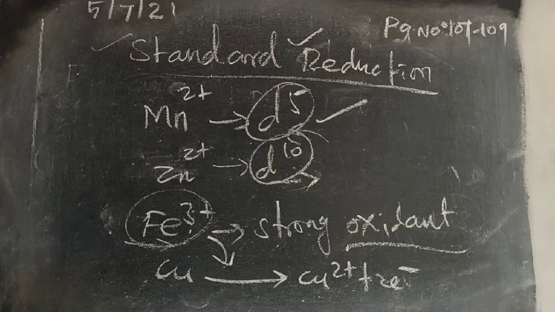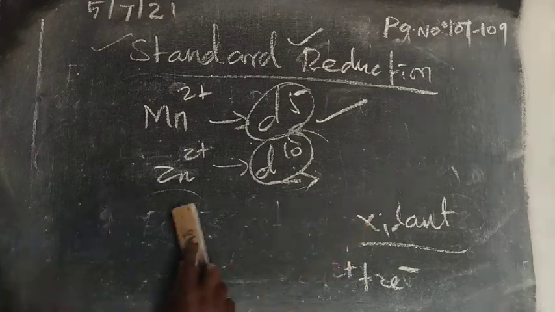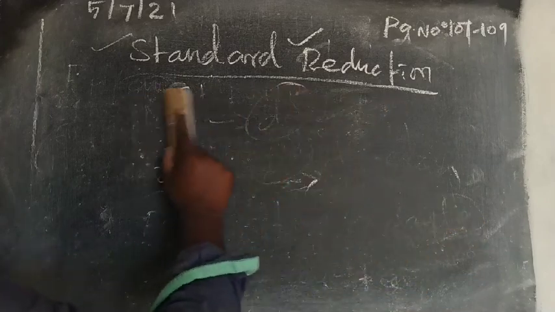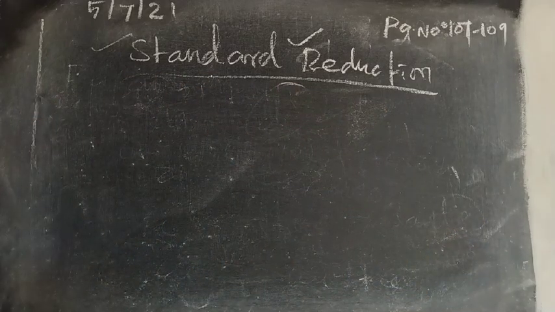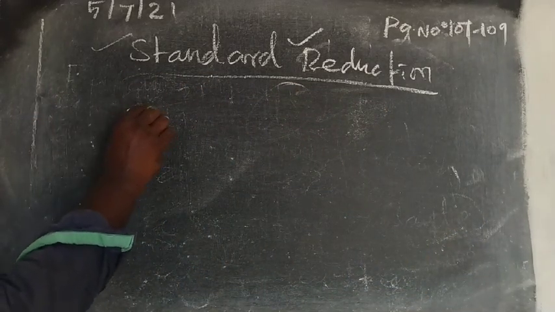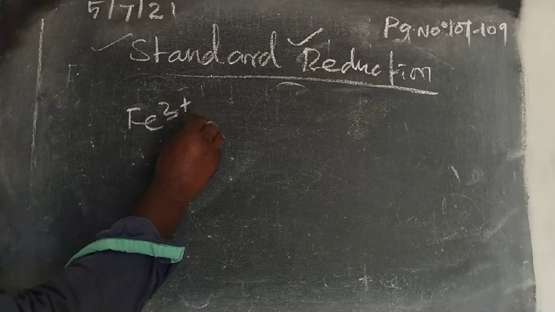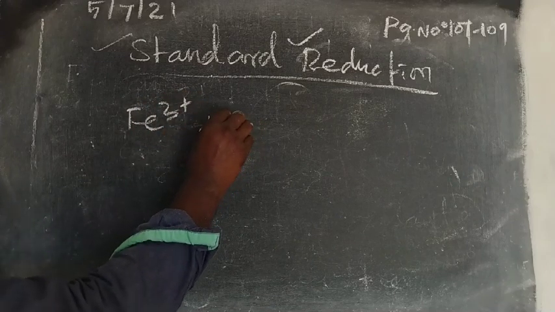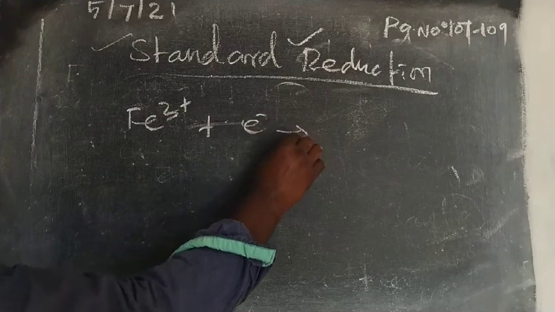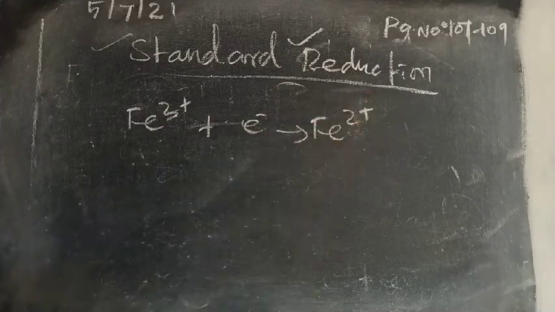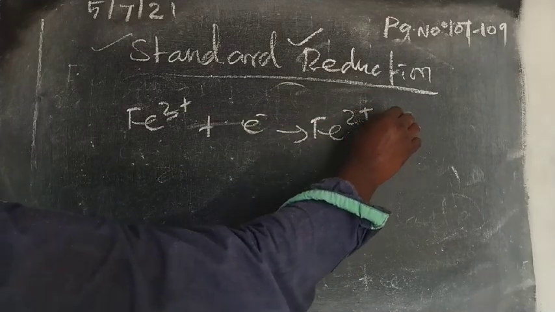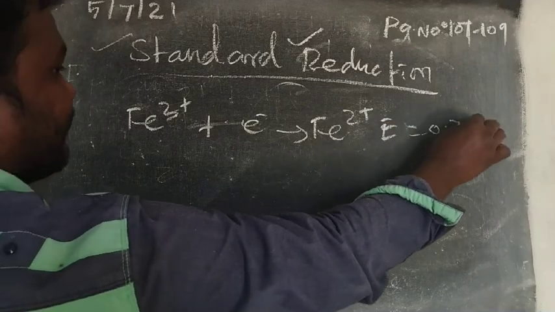Let us see the reaction, how Fe3 plus acts as an oxidizing agent for copper. Iron 3 plus accepts an electron forming Fe2 plus. The EMF value is 0.77 volt.